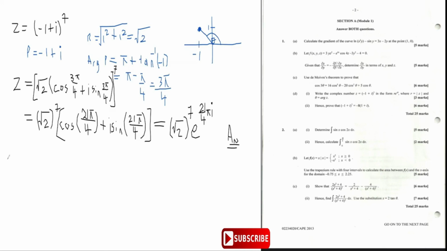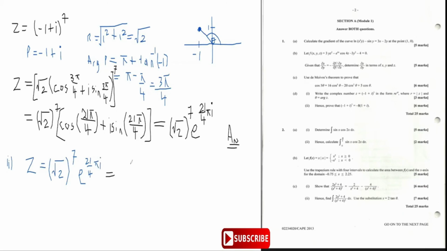So now for part 2, it said hence. So remember, we said that z is this. Yeah, man, we said z is this. So let's write that down. We said that z is equal to root 2 to the 7th power times e to the 21 over 4 pi I. But we also know it in its polar form.